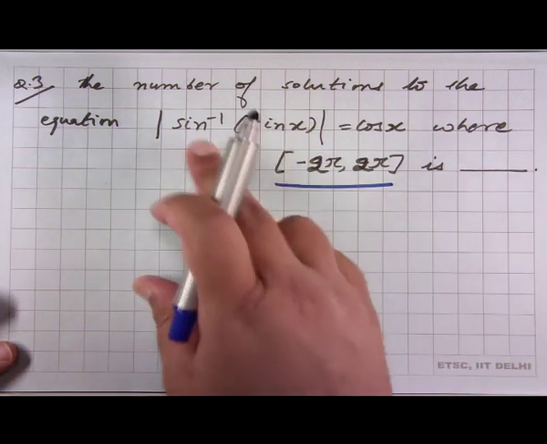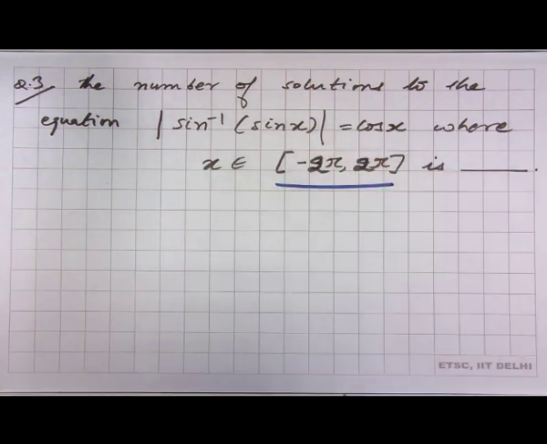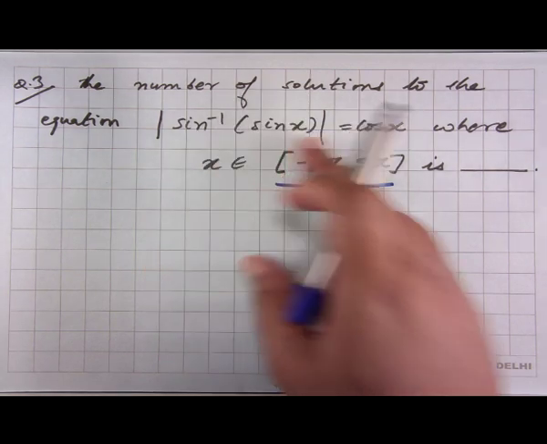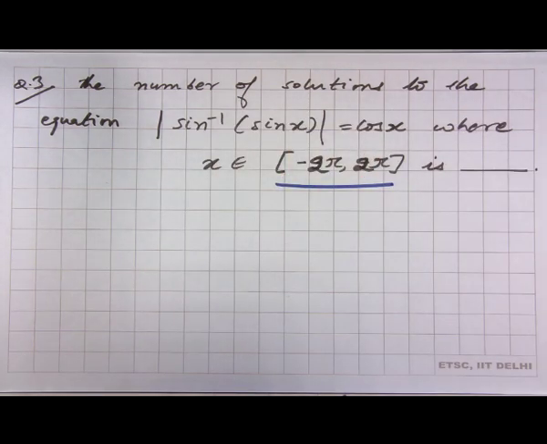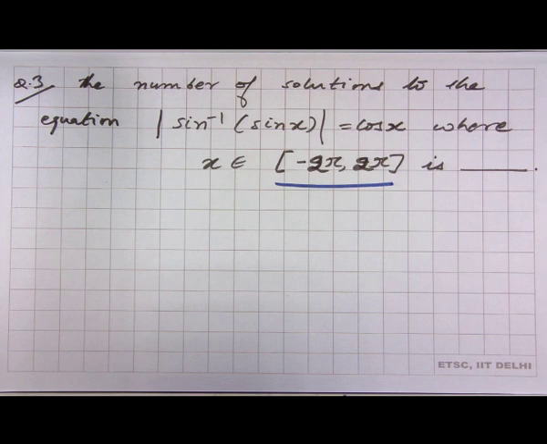So for such problems many times we have to use graphical techniques, because it's not possible to exactly solve and find the points where this left hand side and right hand side are equal. So this is one such example.